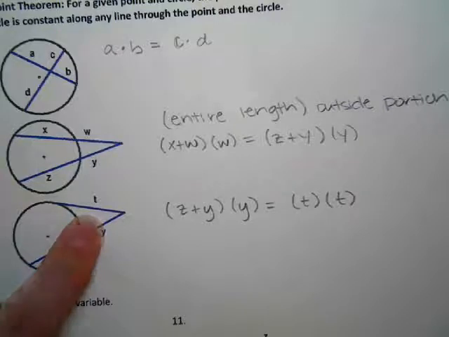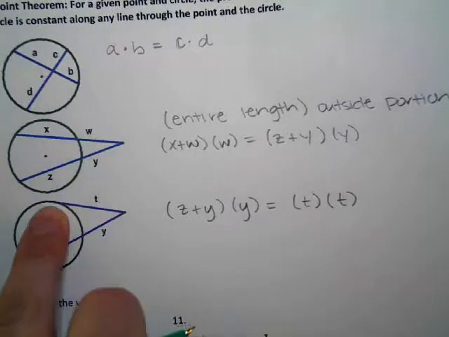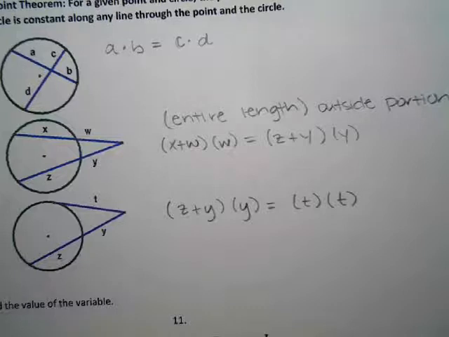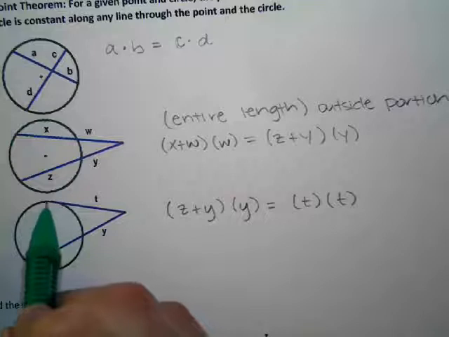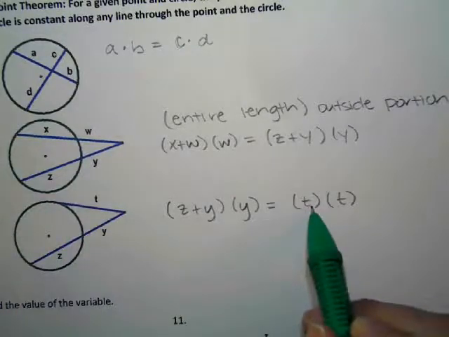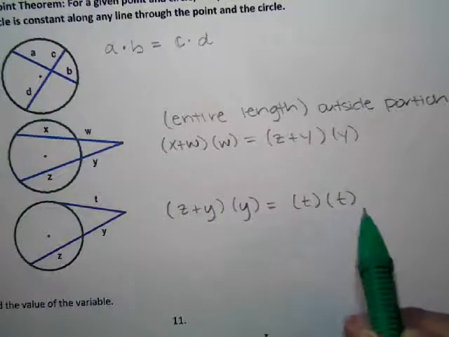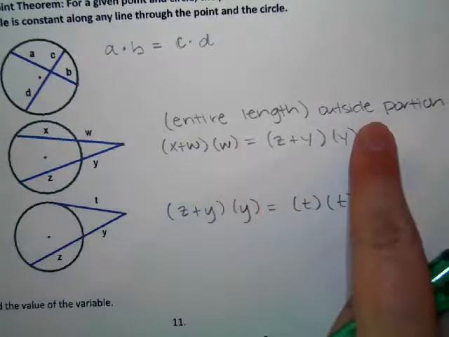Why do you not do t plus t? Because if you think about the entire length as the part outside and the part inside, you would say the part outside is t, the part inside is 0, because there's nothing inside. So it's kind of like t plus 0 times t. Does that make sense? Okay. So we do the entire length times the outside portion.